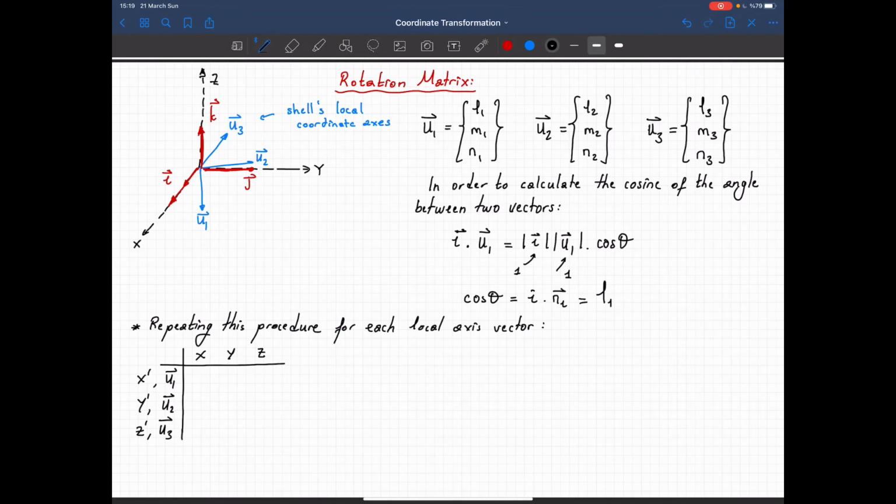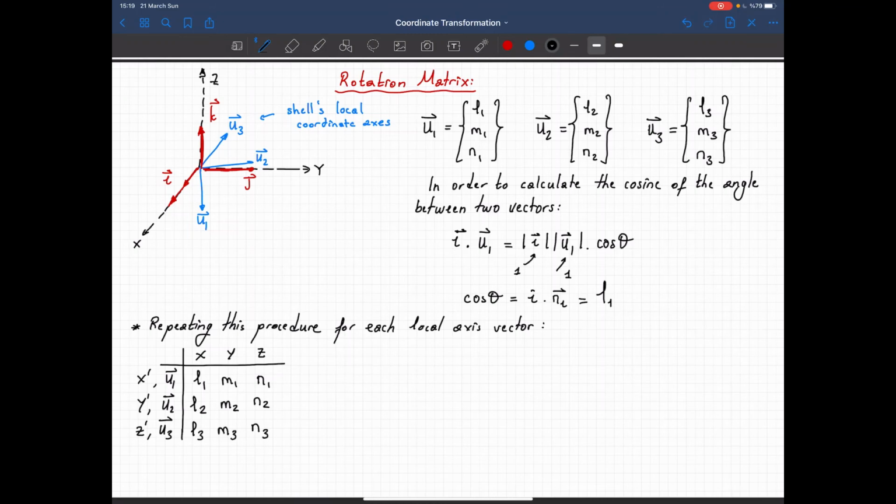When you look at the angles, the angle of X prime with the global x will be equal to L1. The angle of U1 with the global y will be M1 and N1. And if you repeat that, we'll get L2, M2, N2, and L3, M3, and N3.